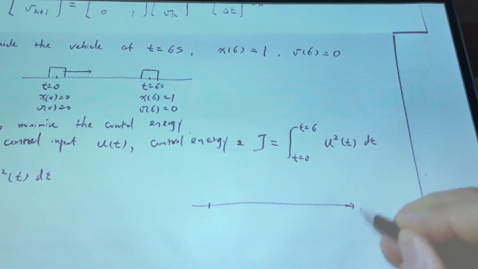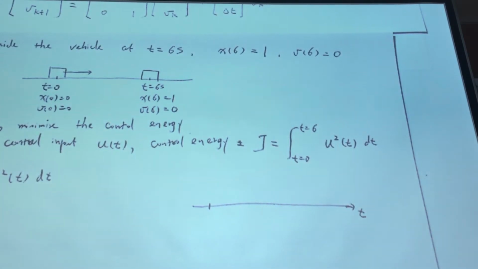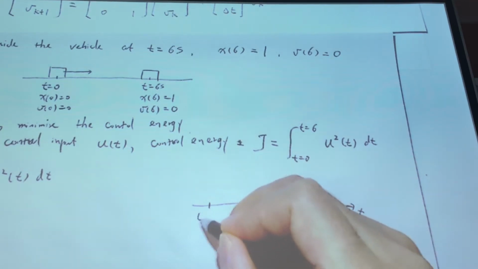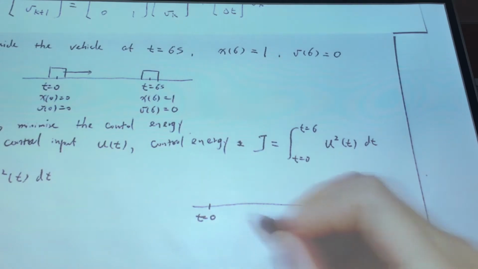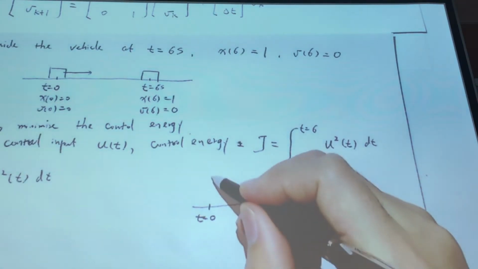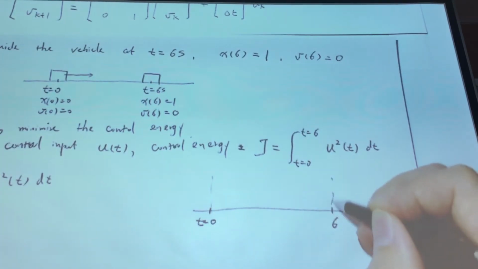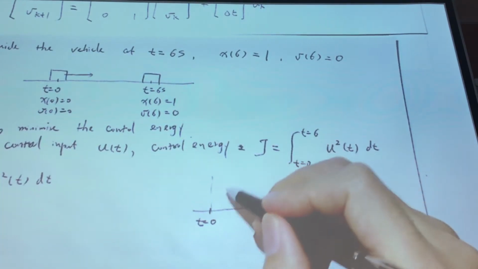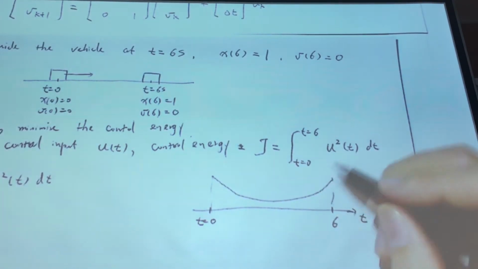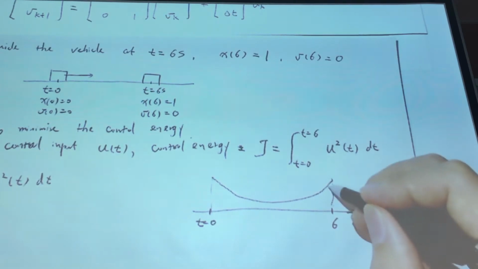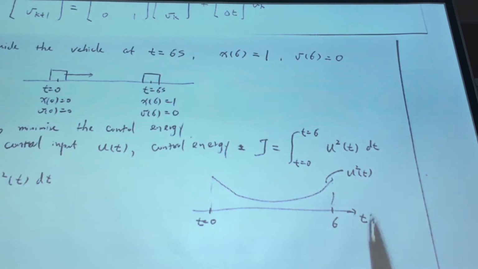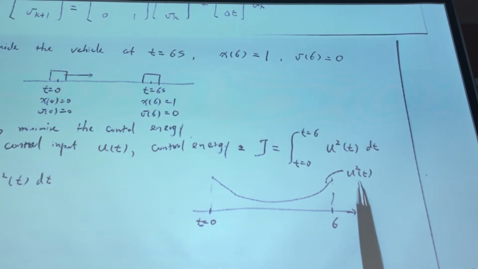Assume we have t here, from t equal to 0 up to 6, and assume this is the function for u(t) square. We know u(t) square must be positive.